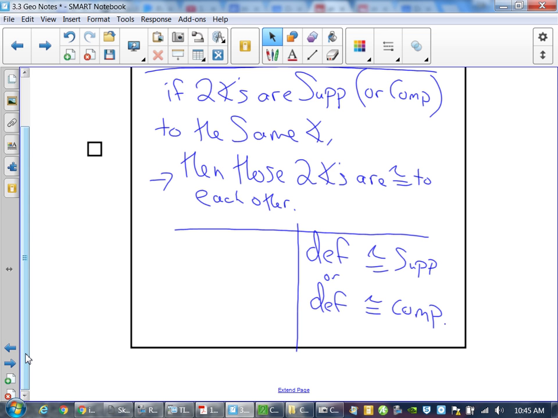And I'll show you in this proof why I would choose to use that definition as opposed to setting things equal to 180 and doing a lot of substitutions. It'll work, it just takes a little bit longer.